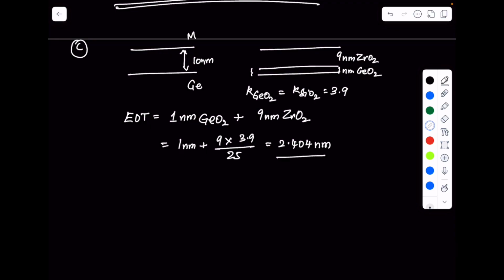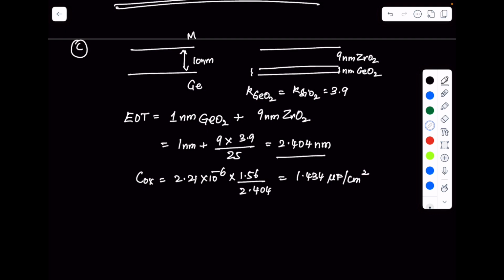Now how did this impact? EOT goes directly into Cox. So initially Cox was 2.21 microfarads. So with this new stack, it's going to be 2.21 into 10 power minus 6 into 1.56 by 2.404, which is going to give you 1.434 microfarad per centimeter squared.